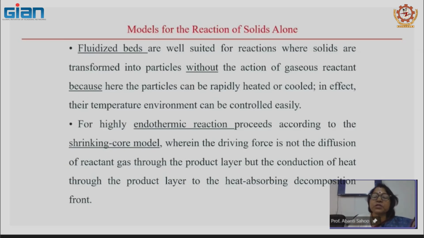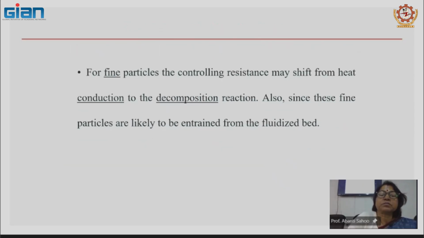That means conduction of heat will be there through the product layer. So, there also fluidized bed will be advantageous. For fine particles, the controlling resistance will shift from heat conduction to decomposition also. So, all these operations can be easily carried out using fluidized bed technology.